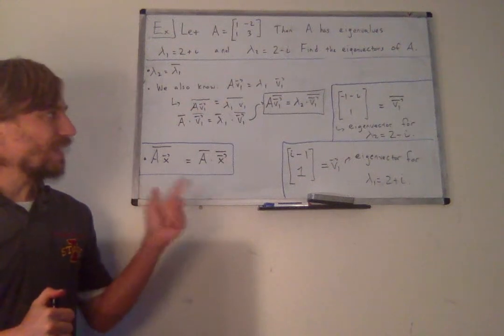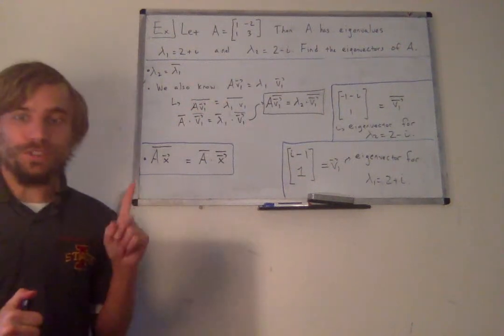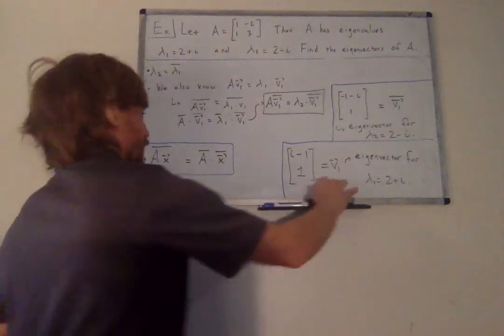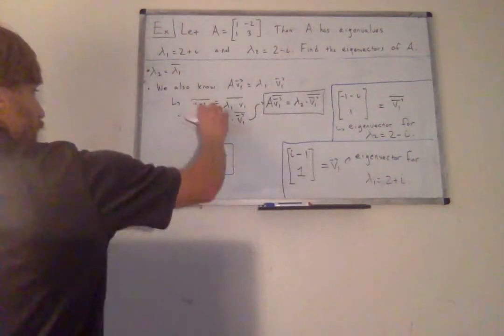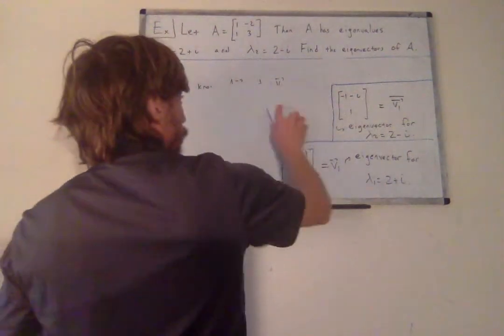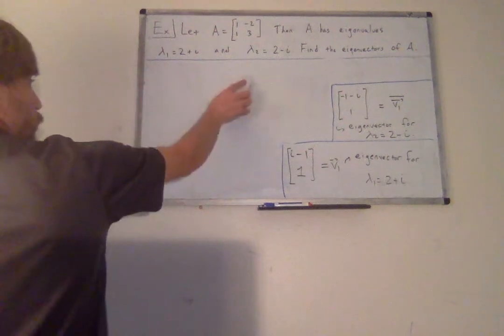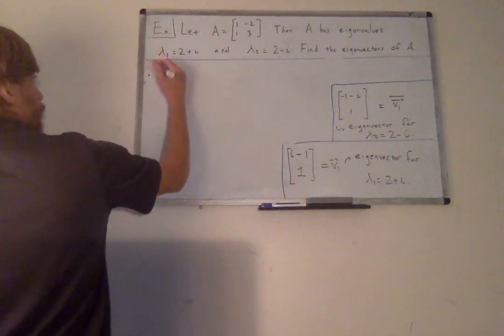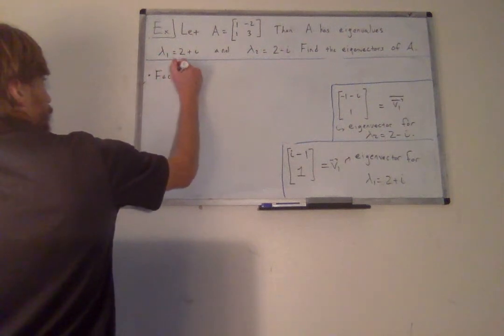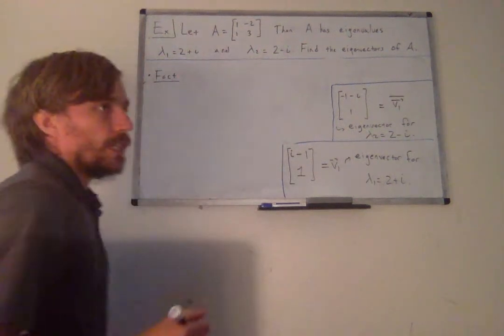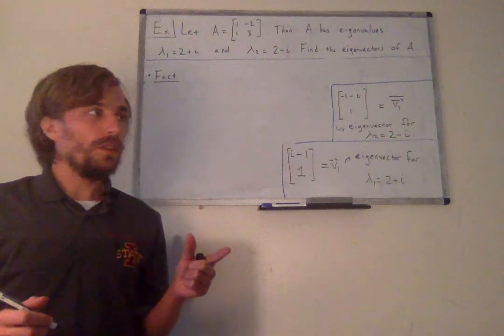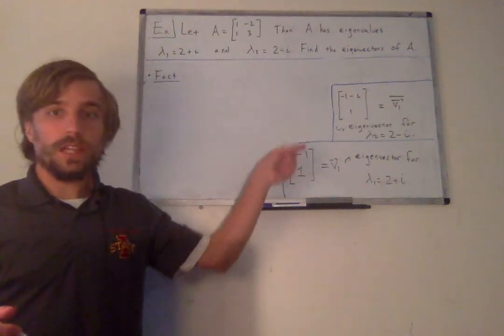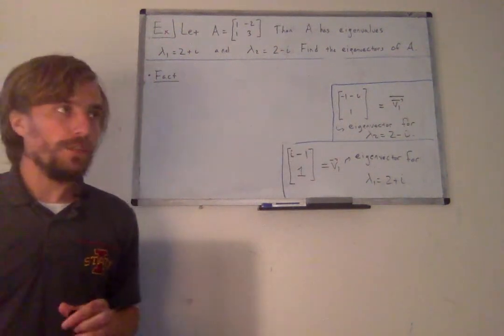And so notice now that this shows a few things, and we'll end on this. First off, we can always do this, right? All of the work I just did and erased shows that, if we have two eigenvalues which are conjugates of each other, then we can always find their eigenvectors by just taking the conjugates of the eigenvectors.